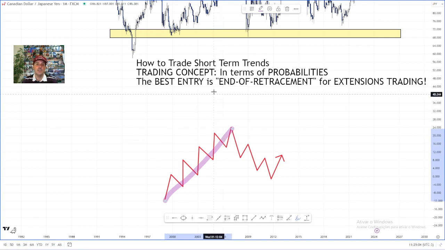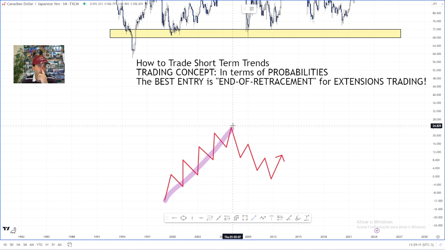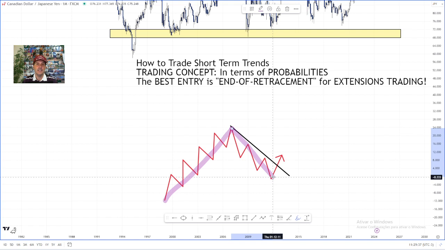So the best entry, talking about trading the short-term trend, the red one, is what I call the end of retracement. We didn't learn trend lines yet, that's going to happen tomorrow. We start from the bigger picture, then we go to the smaller pictures. Now we are talking about the market wave first, just for you to understand that this is the end of the retracement, right?